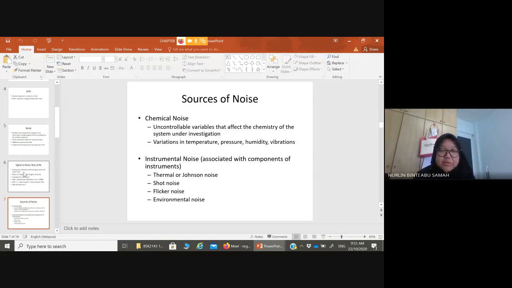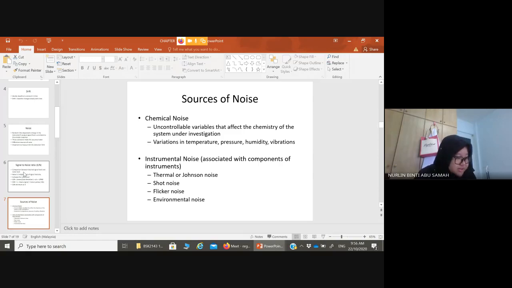How can we overcome this thermal noise? Only by making the temperature lower. But not very low, because if the temperature is very low, the analysis will not be conducted in a proper way and you will not get the output. So there will be what we call an optimum temperature.